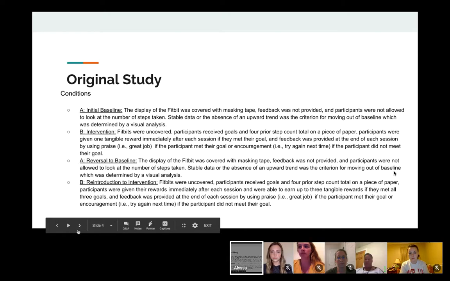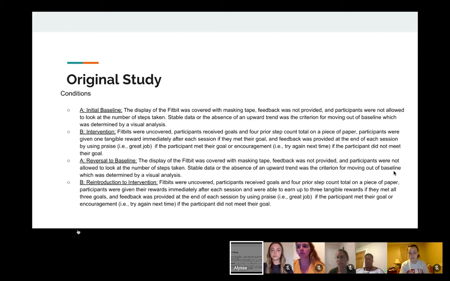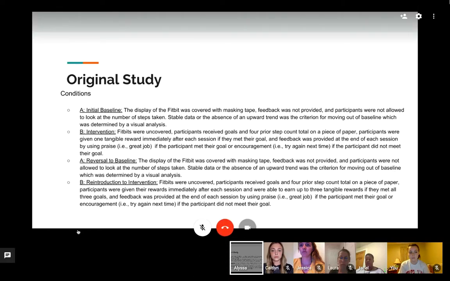In the initial baseline, the original Fitbit was covered with masking tape. The participants were not allowed to look at the number of steps. During the intervention, the Fitbit was uncovered. The participants' prior step count total was shown. In the reversal baseline, the Fitbit was then covered with masking tape again, and no feedback was provided.